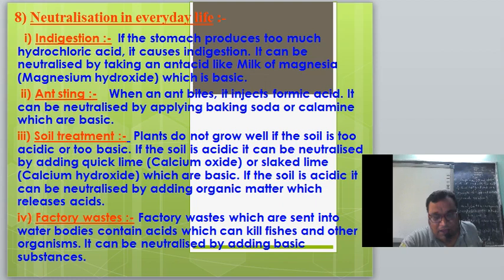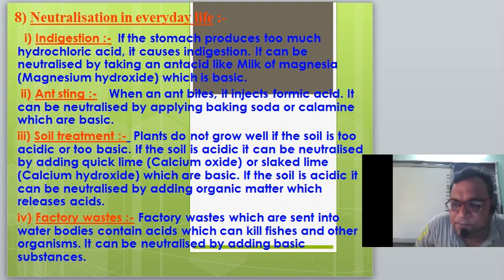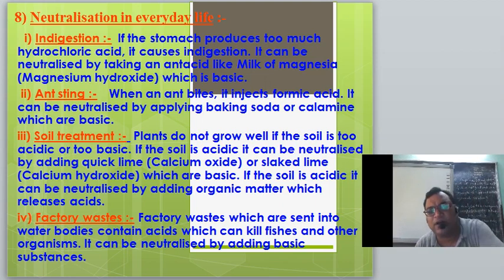Factory wastage. Now, factory wastage: you know that after industrialization, lots of wastes are discarded by the factories, which causes great hazard to the environment. Factory waste which is sent into water bodies contains acids which can kill fishes and other organisms.